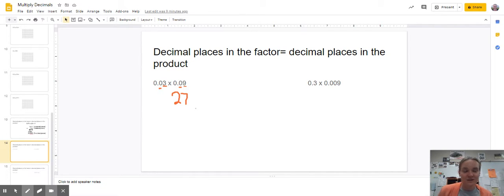Hopefully you're thinking to yourself, obviously you just add zeros. Okay? 1, 2, 3, 4. I need to add 2 zeros and then a decimal and then a 0 for my ones place. See how I have 1, 2, 3, 4 numbers behind my decimal? Do you have this problem written in your math journal?